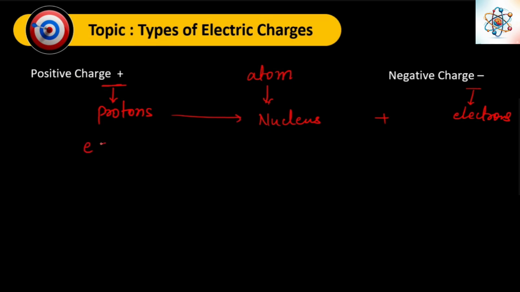Electron is represented by e minus and proton by e plus. The charge of proton and electron is the same in magnitude, depending upon the sign. If it is a proton, it is plus 1.6 times 10 to the power minus 19 Coulomb, and if it is an electron, it is minus 1.6 times 10 to the power minus 19 Coulomb.